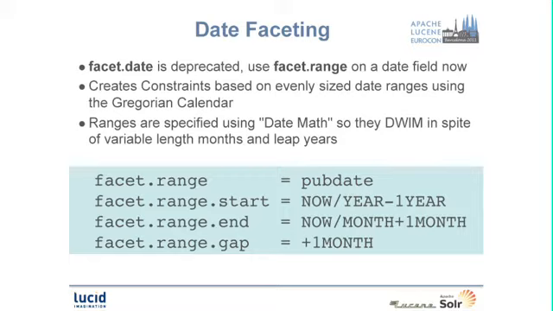This is an interesting example because you can use date math. You can handle all the weird things like months having different numbers of days, leap years, and things like that, where you couldn't do it easily if you were just operating on milliseconds or something. In this example, if you haven't seen date math before, our starting point, now/year, rounds to the year 2011, minus 1 year, so 2010.